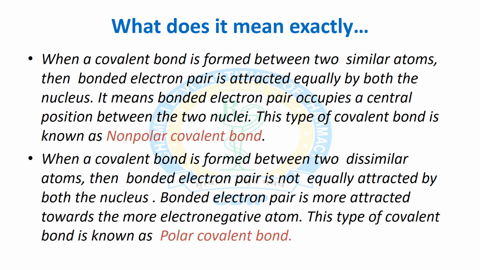covalent bond. But if you take two dissimilar atoms, one electron coming from one atom which is different from the second atom from where the electron pair is reaching, and then they are mutually sharing their pairs, then the electron pair is more attracted towards the more electronegative atom, and this type of bond results in the formation of poles within the molecule, and such bonding is known as a polar covalent bond.